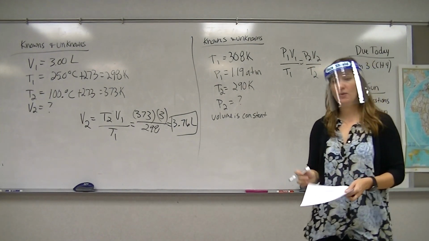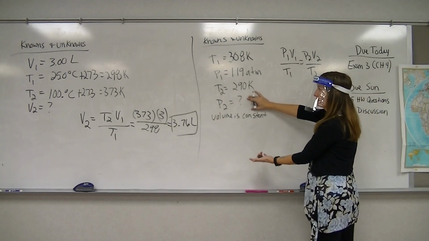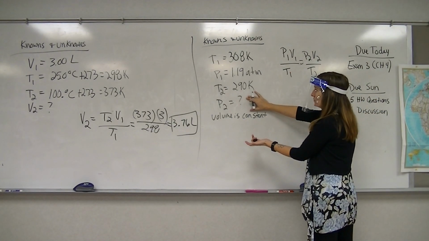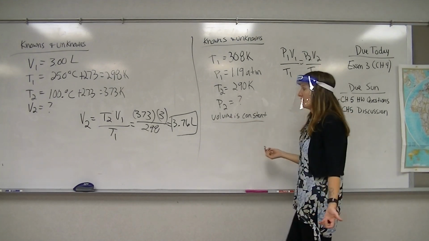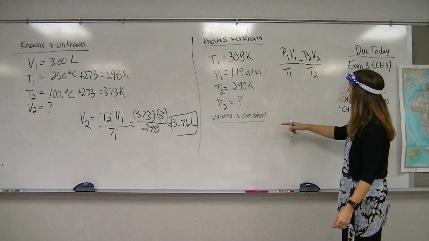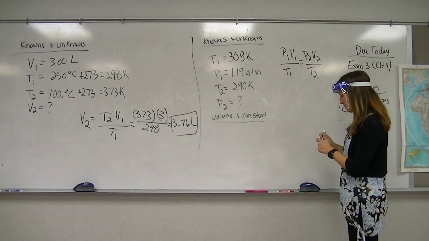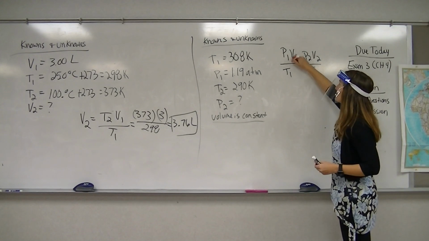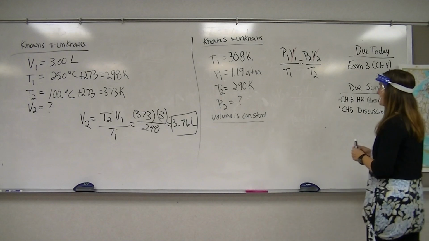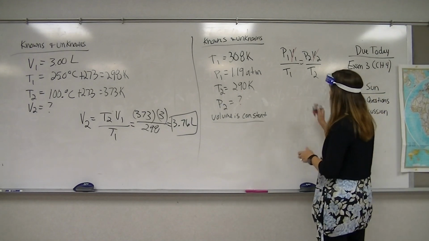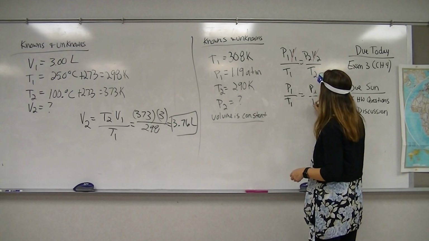Now, this equation has volume in it, but they didn't give me any volume variables, amounts. But what they did say was the volume is kept constant. These are tires. So if the volume's kept constant, that means I don't need it. It stays the same on both sides of the equation, so I can cross out that variable because it's the same on both sides. So this makes my equation become just P1 over T1 is equal to P2 over T2.